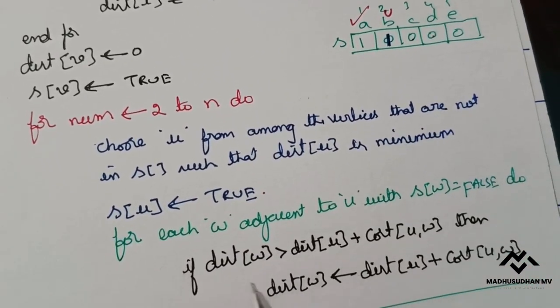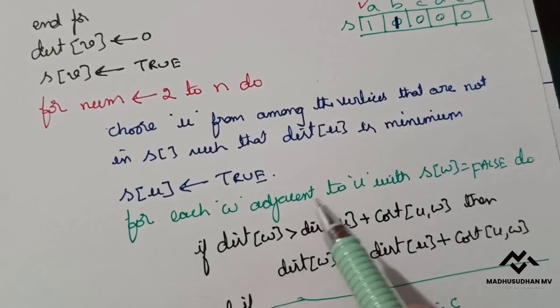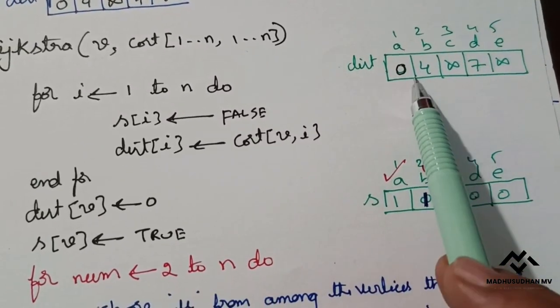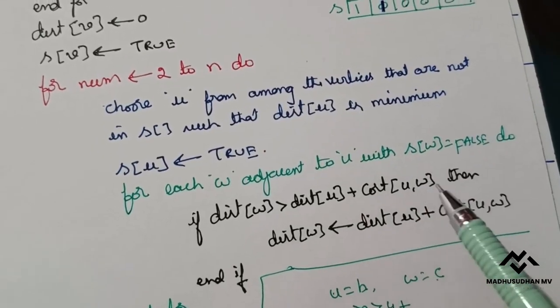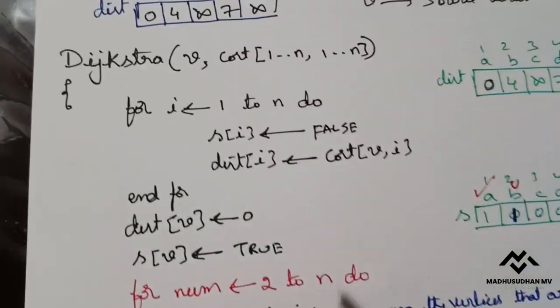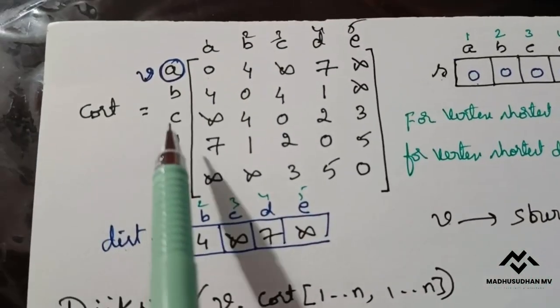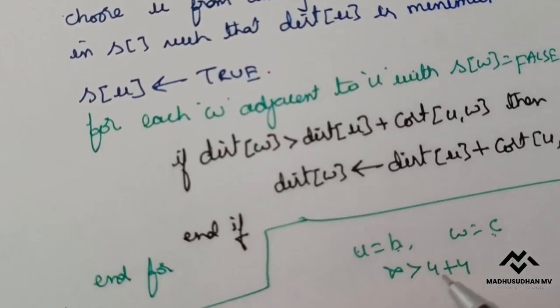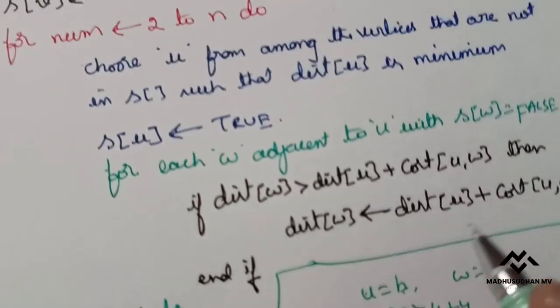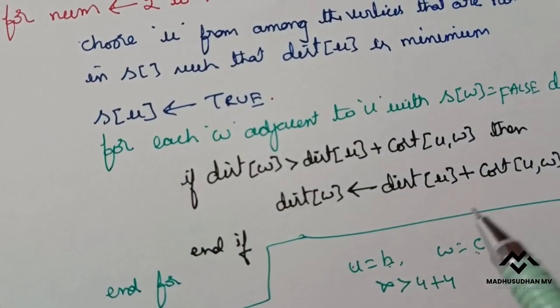Infinity greater than distance of U. U is B. Distance of B is 4. 4 plus cost of U comma W. U is B, W is C. Cost of B to C is what? 4. So 4 plus 4, 8. Infinity greater than 8. True. The condition is true.